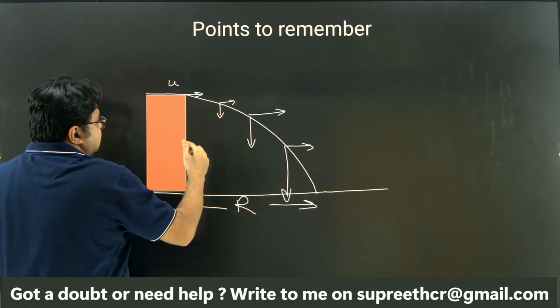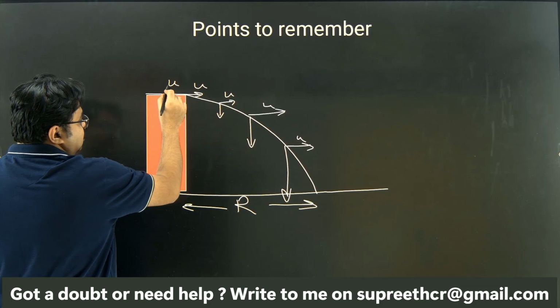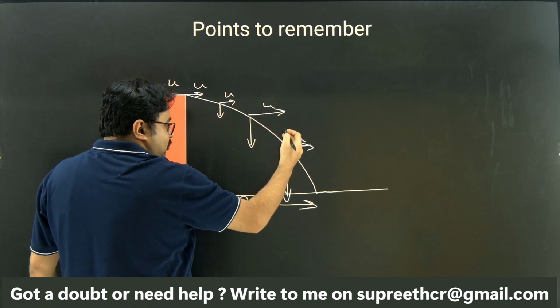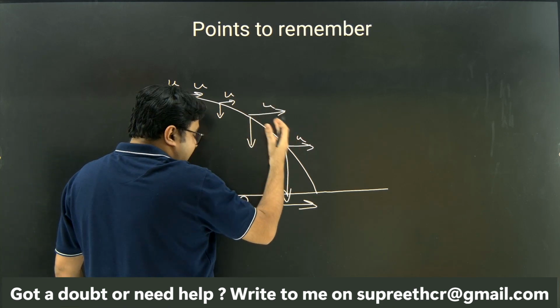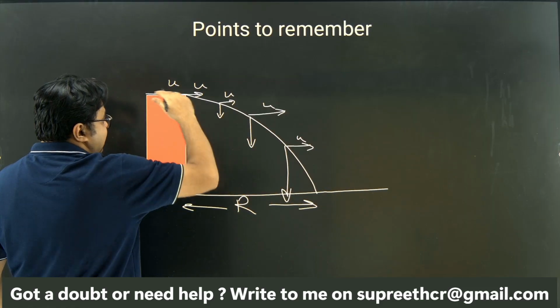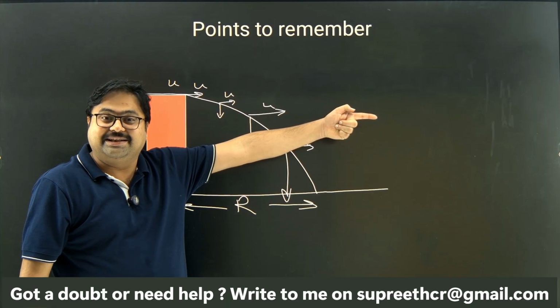But what you need to understand is the horizontal velocity always remains the same. It was u while throwing it, it was u midway, it is u right before it falls to the ground, and at every point in its journey, it's just u, right? The reason being there is no acceleration in that direction.